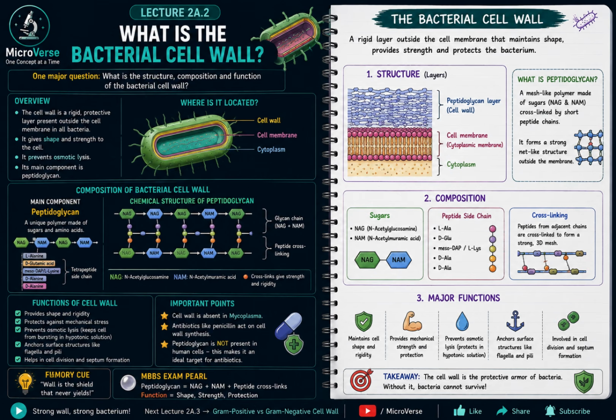It gives shape, strength and protection from osmotic lysis. And then remember, mycoplasma is cell wall deficient. Remember the three words: shape, strength, and survival. Shape maintains bacterial morphology, strength provides structural rigidity, and survival means prevents osmotic lysis.